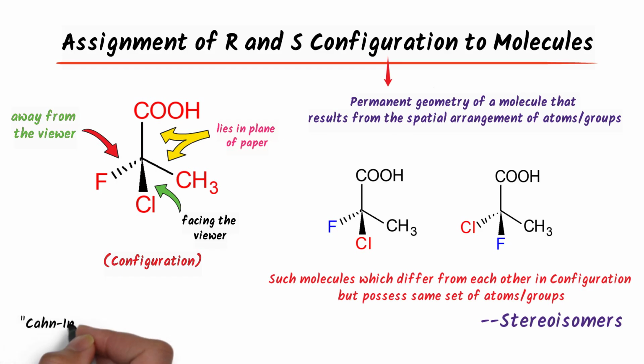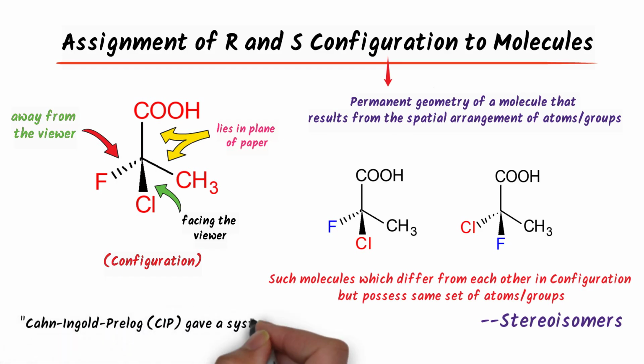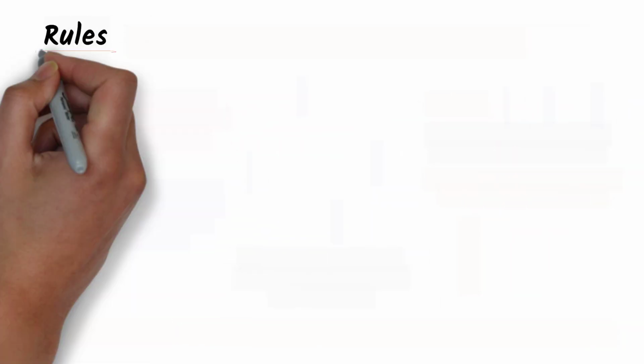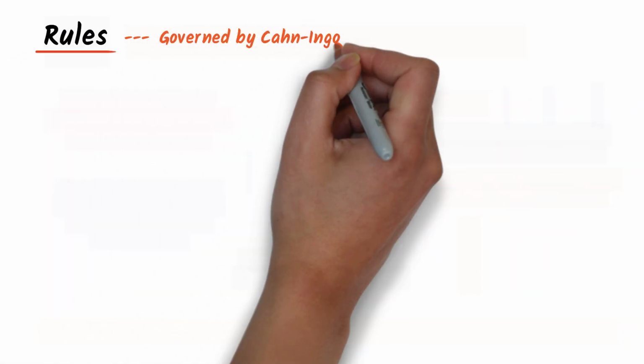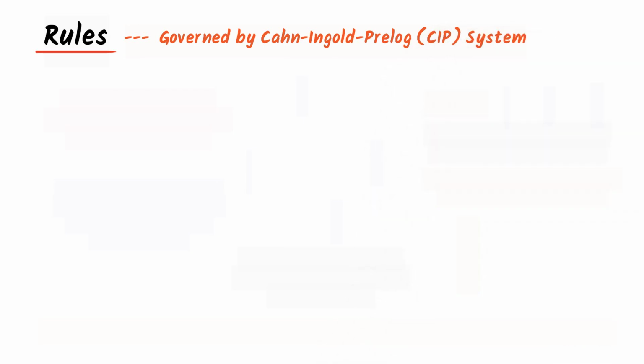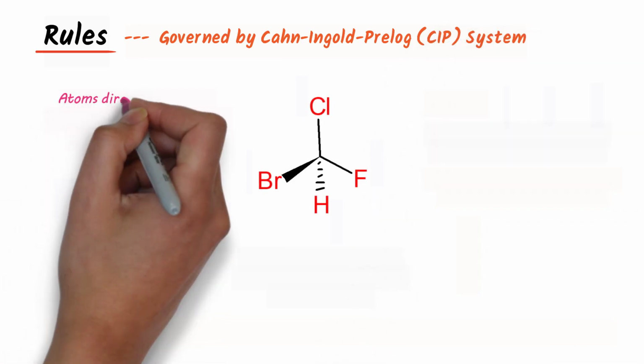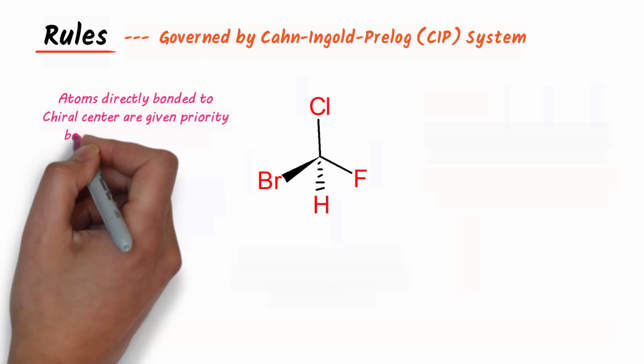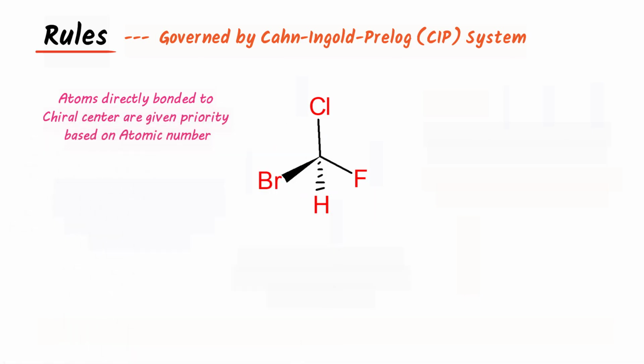Cahn, Ingold, and Prelog gave a systematic nomenclature commonly known as the R and S system of nomenclature. The rules governed by the Cahn, Ingold, and Prelog system are: atoms directly bonded to the chiral center are given priority based on atomic number.